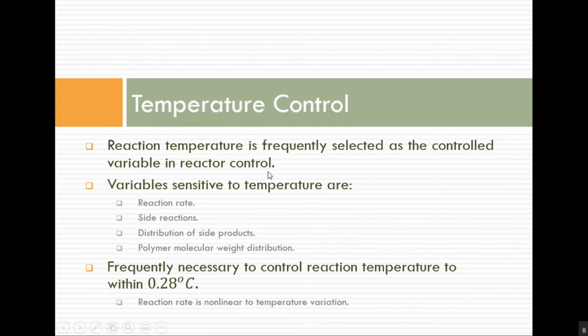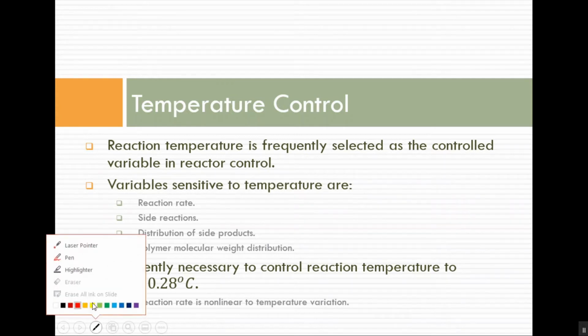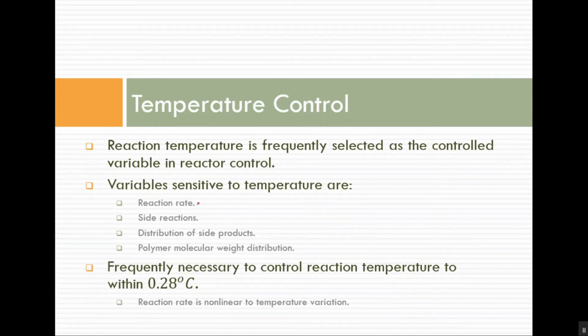Please note, I told you a number of variables are sensitive to temperature. Those variables are, first, the reaction rate, or the speed of performance of that chemical reactor. It is producing something, so that production rate, the reaction rate, is sensitive to temperature.